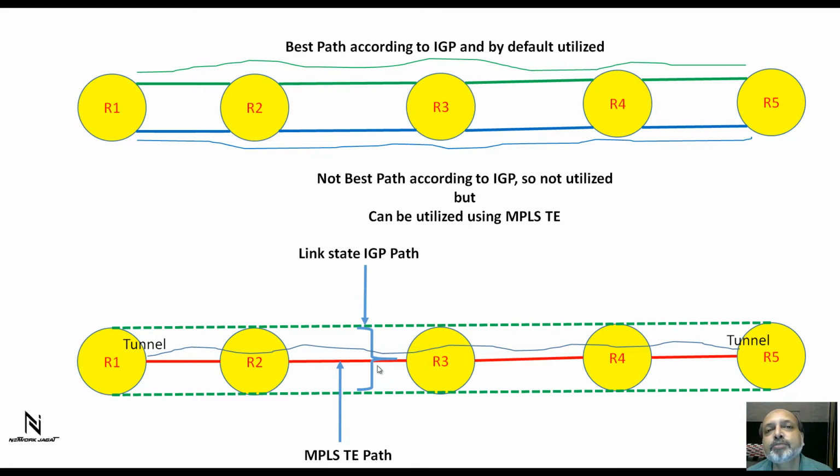Now the CSPF algorithm informs the IGP that these are the different physical links and physical nodes through which a particular virtual path can be created for traffic engineering. Understood?